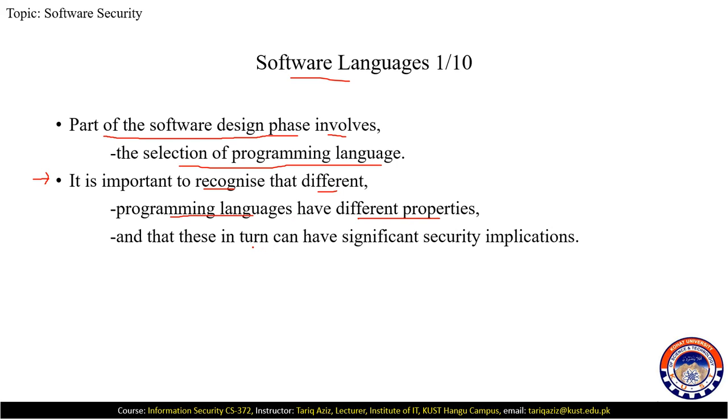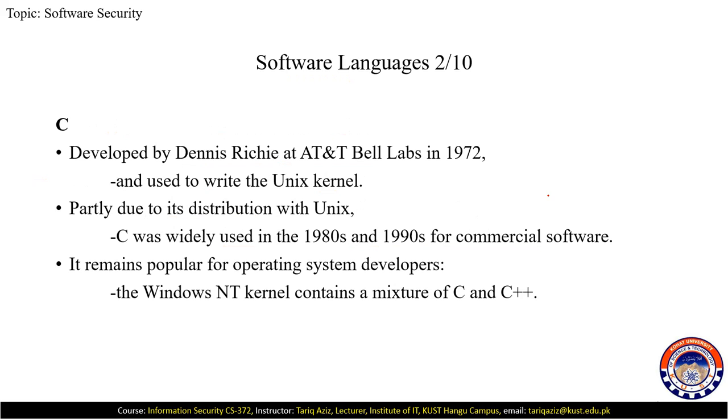Why? Because these features or properties will in turn have significant security implications. So now we will discuss these languages one by one, and we will check what the security implications could be. Now, dear students, the first language is the C language.